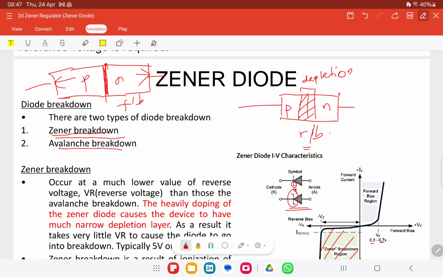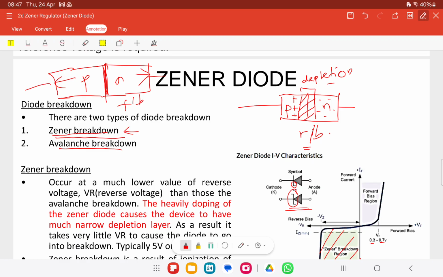For reverse bias, for Zener breakdown, we have this depletion region. In the middle are all the charges that attract. P is positive and will attract to the negative side; the negative attracts to the positive side. So the Zener breakdown is due to the movements of the carriers.